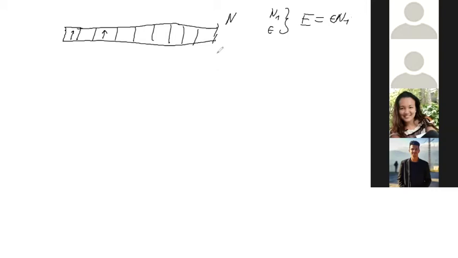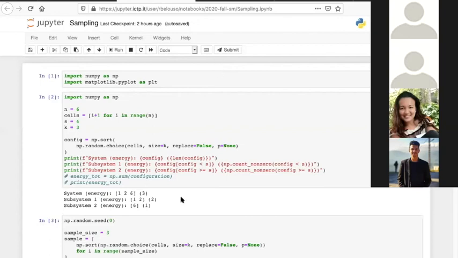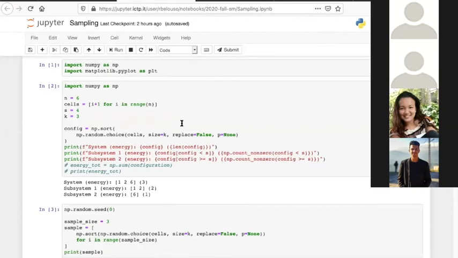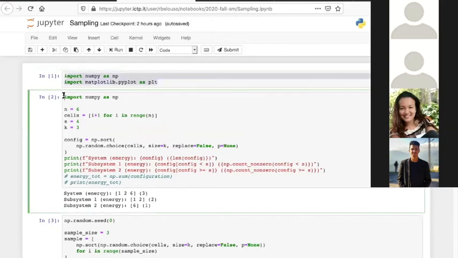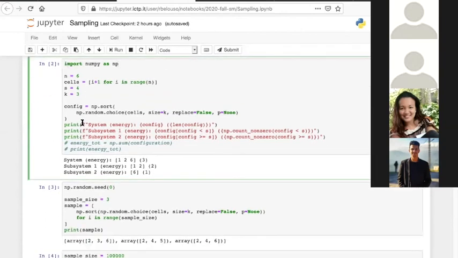In the section of the notes, you can find various formulas derived for the system using the microcanonical ensemble. Do you see my screen now? Okay, very good. You remember we import some packages with functions that are very useful in the code below.